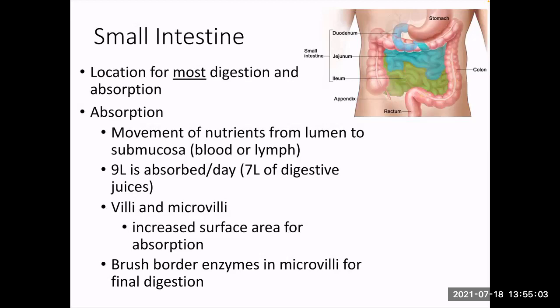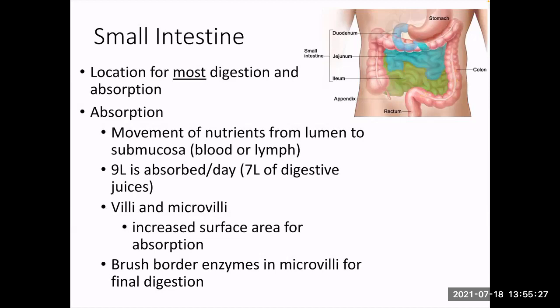So movement of nutrients from the lumen through the endothelial cells into the submucosa where your blood and lymph vessels are. These are things like amino acids and simple sugars. For the lymphatic system will be your fatty acids and your glycerol.